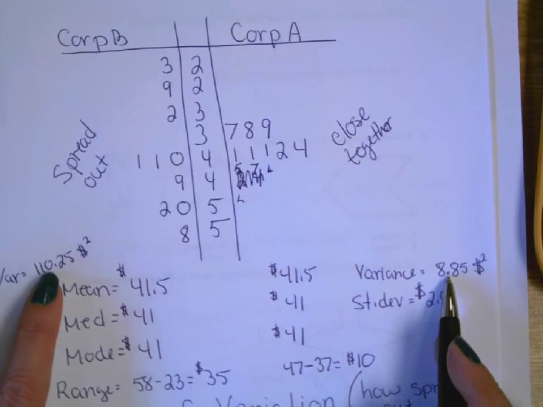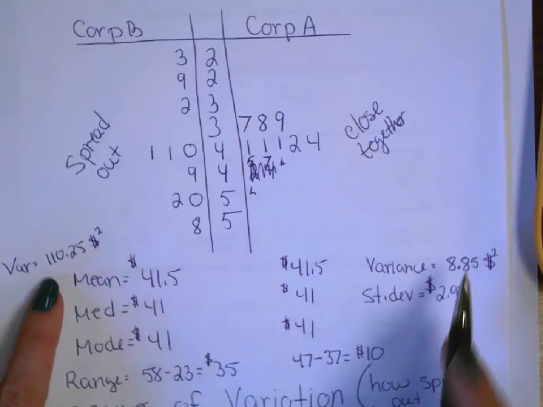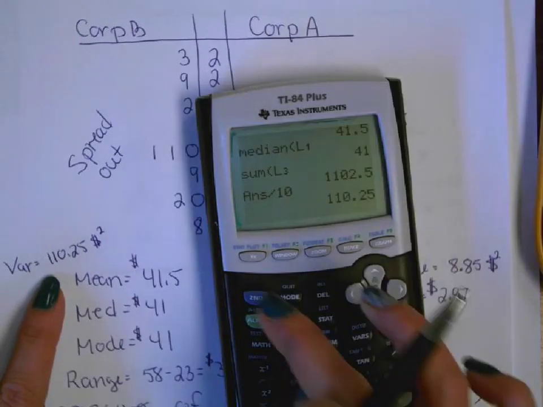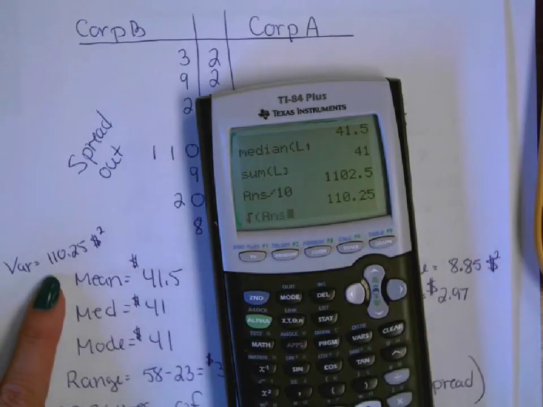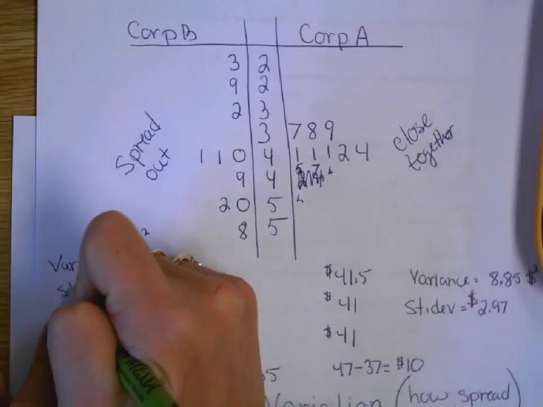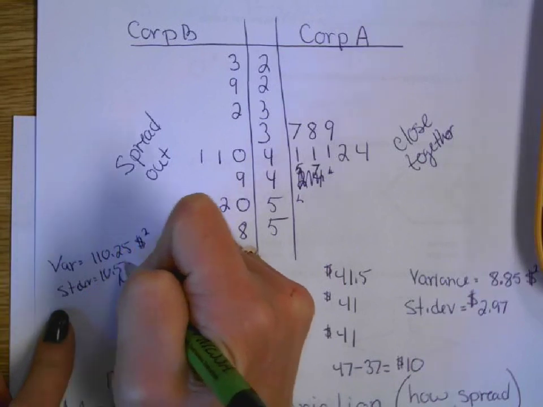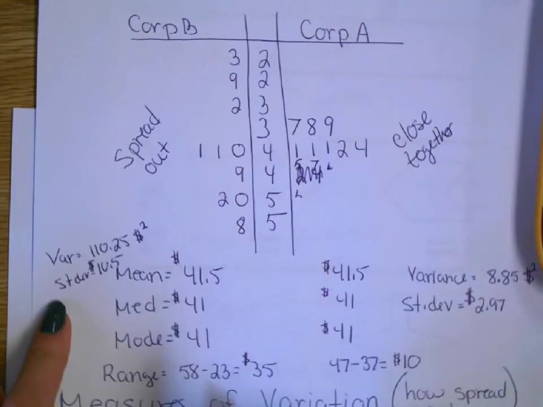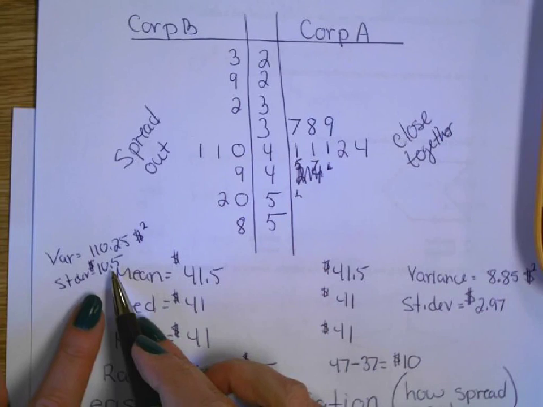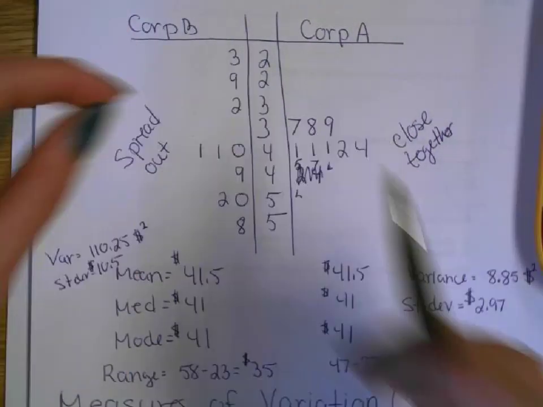That's an indicator that this data set's going to be way more spread out than this one. Now if I square root my answer, 10.5. The standard deviation, $10.5 thousand is the average distance from the mean. Because that's what we're actually finding is what's the average distance from the mean.